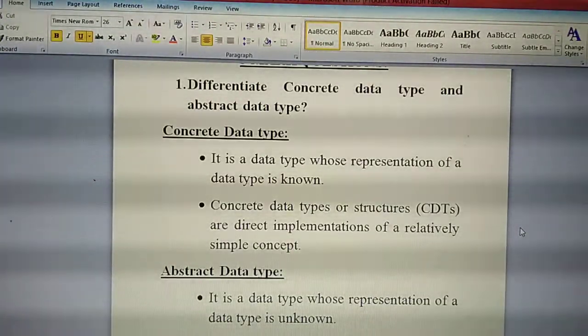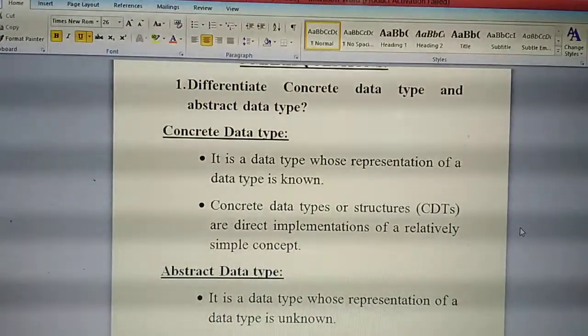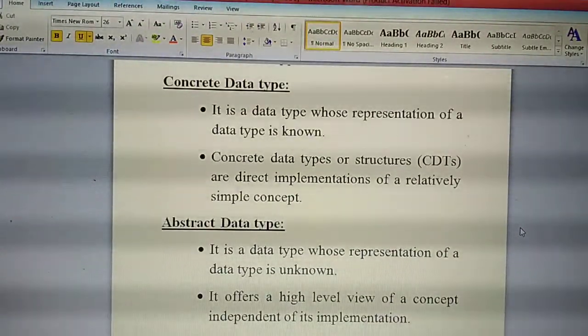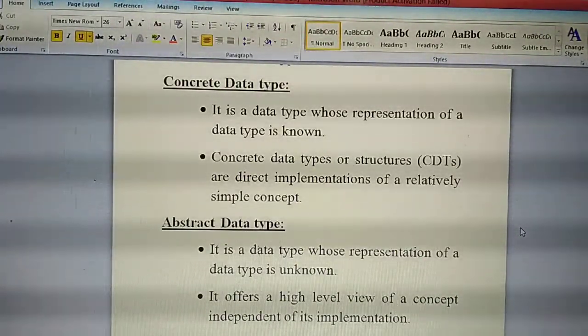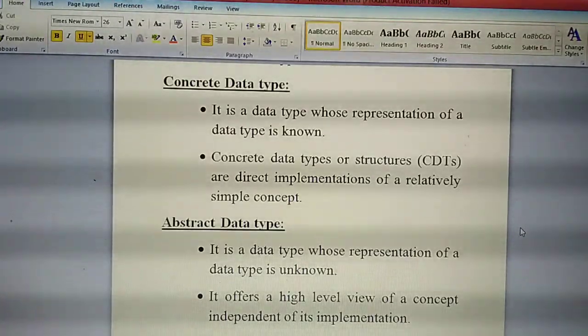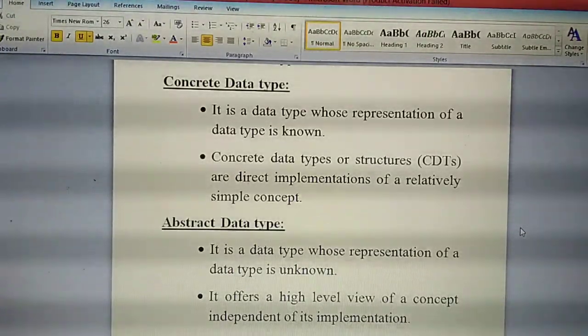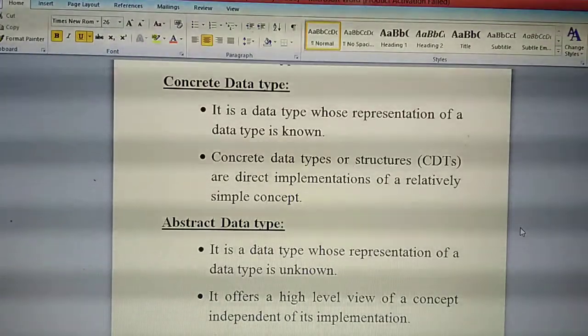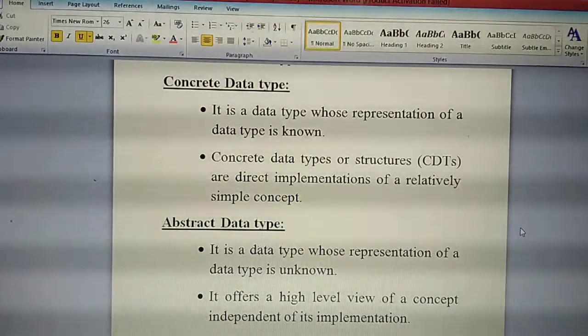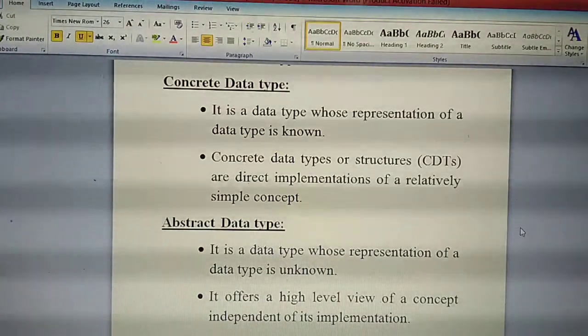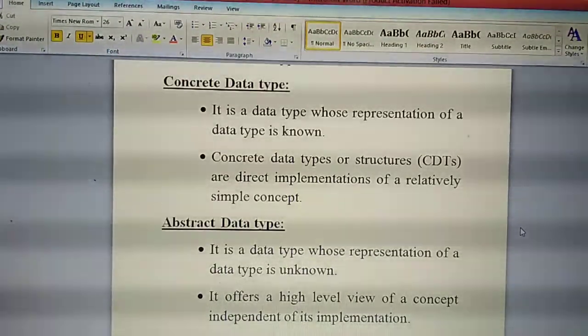Concrete data type, two points are there. Write fast.